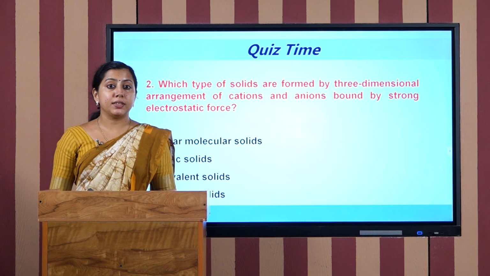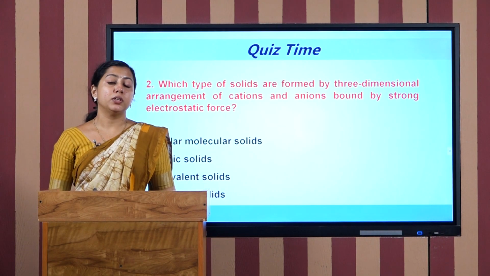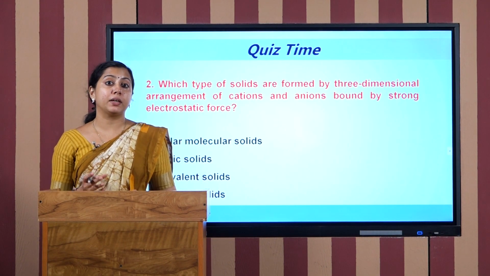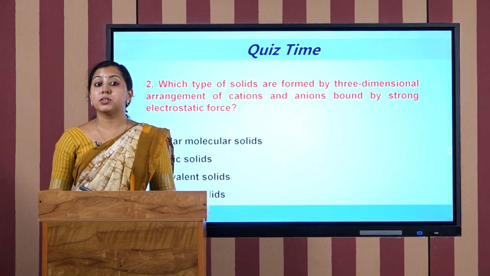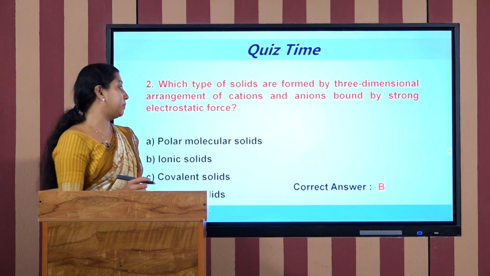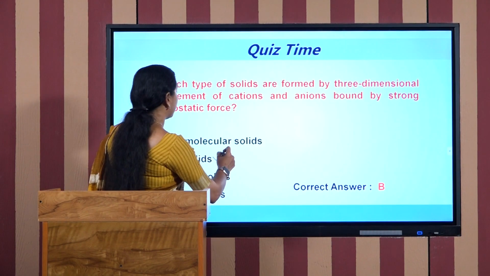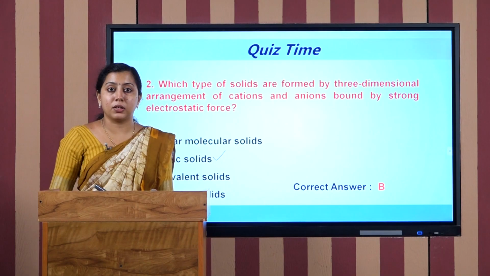In the question, you can see a three-dimensional arrangement of cations and anions. So, cations and anions means they will be attracted together by electrostatic force of attraction, which is also known as ionic force. So, ionic force can be seen in ionic solids. So, the correct answer is option B, ionic solids.